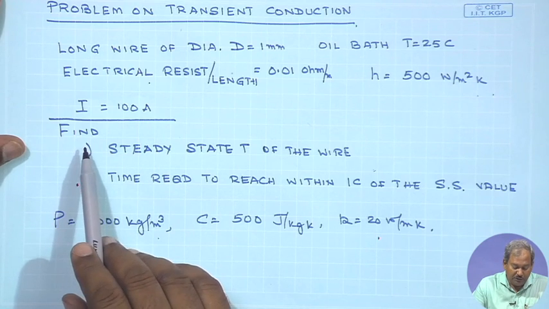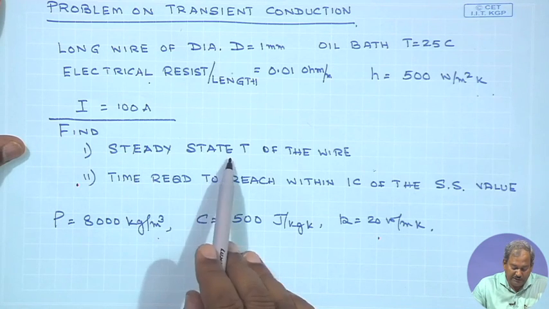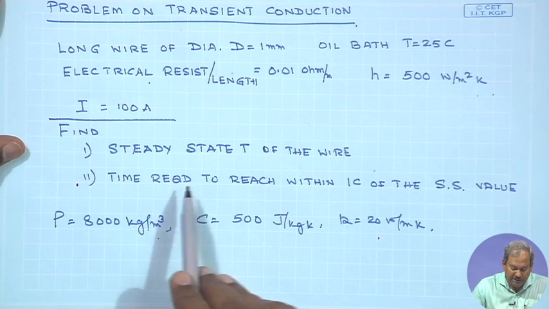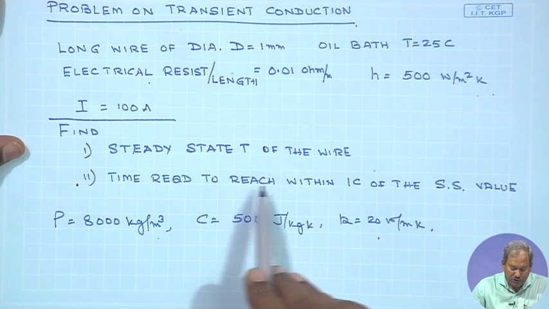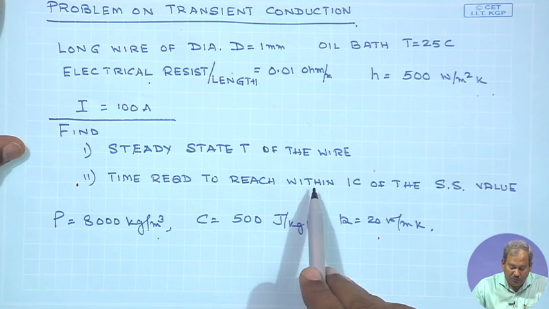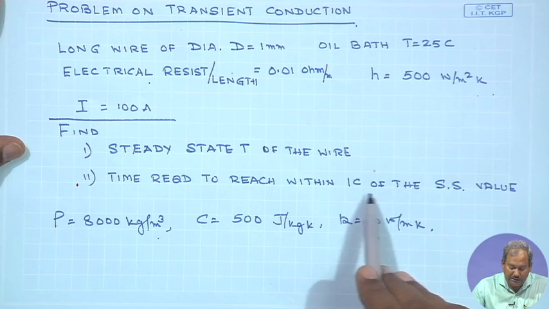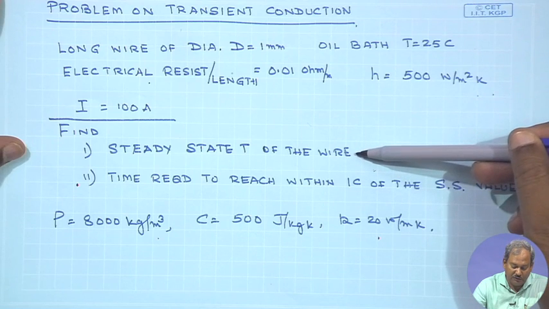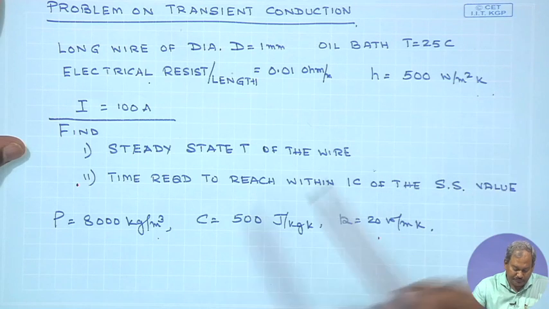What you have to find is the steady state temperature of the wire, and what time is needed for the wire to reach a temperature within 1 degree centigrade of the steady state value which you have calculated in the first part.